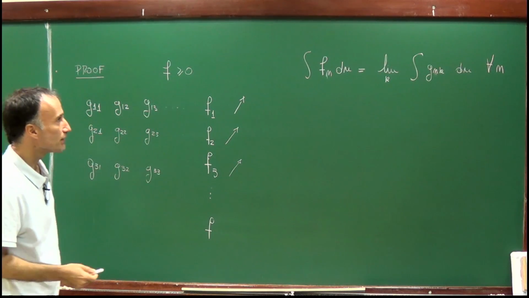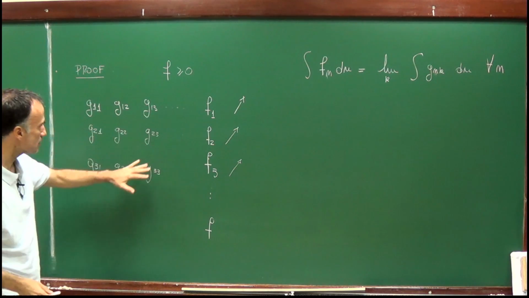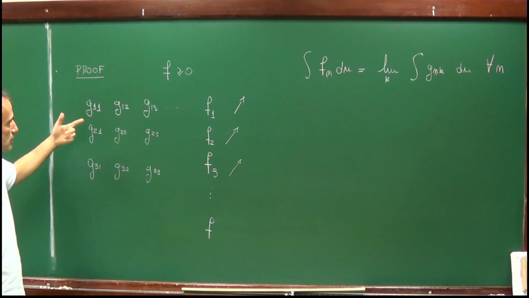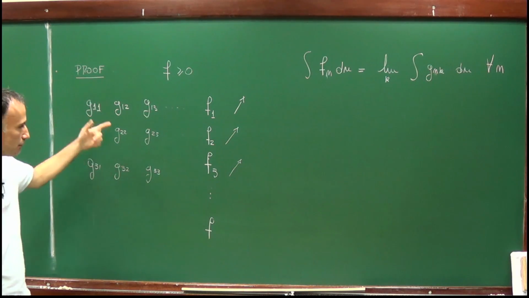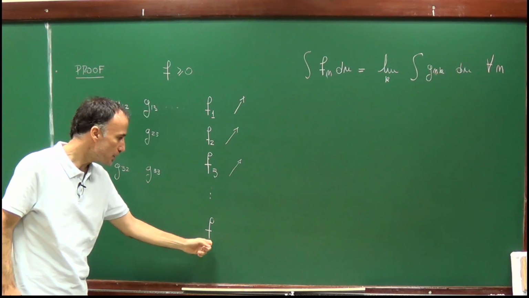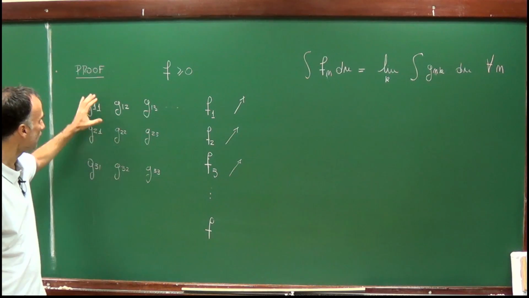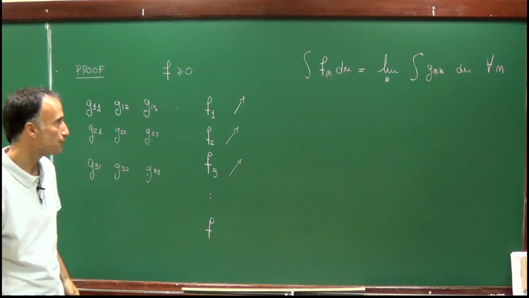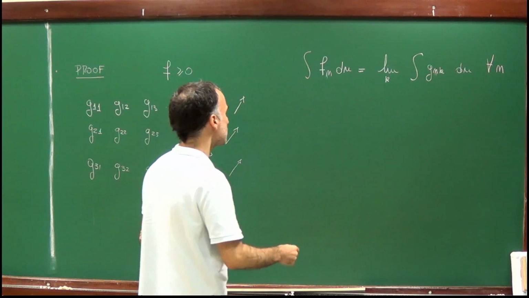And what I want to do is to use these simple functions in order to construct a sequence of simple functions which increase to f, so that I will be able to represent the integral of f as an integral of a combination of these functions.